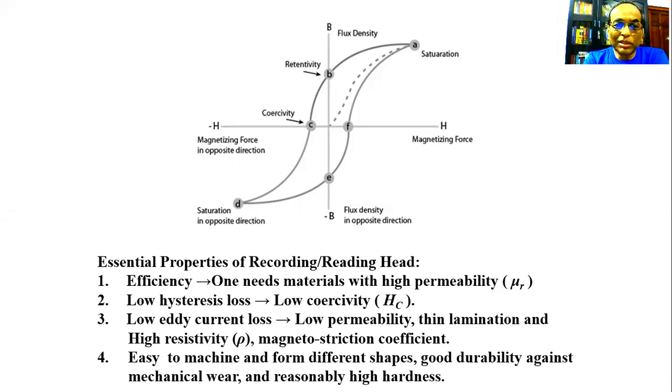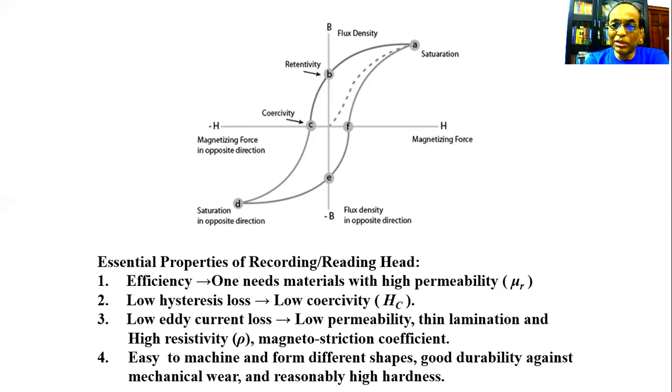The first point is the efficiency. One needs material with high permeability. That is an essential criterion. Low hysteresis loss, so low coercivity, Hc should be low. Low eddy current loss, that is the low permeability.